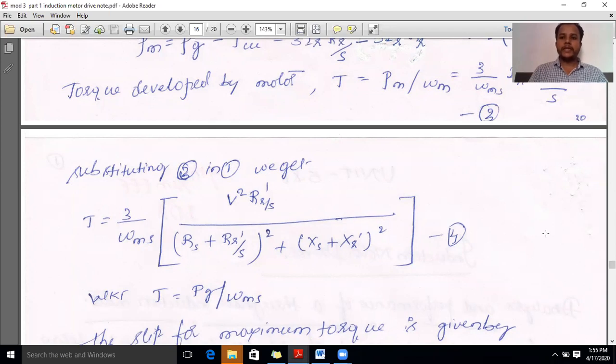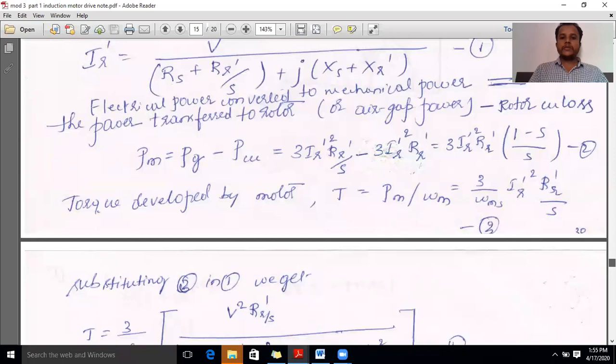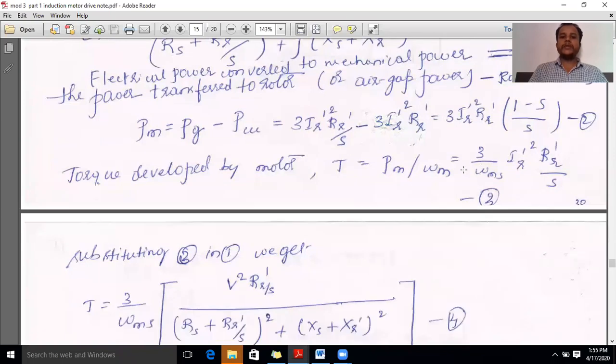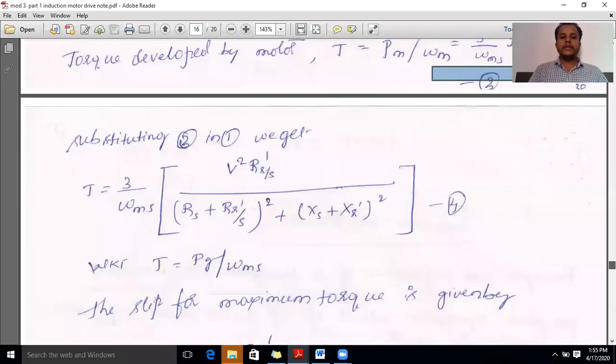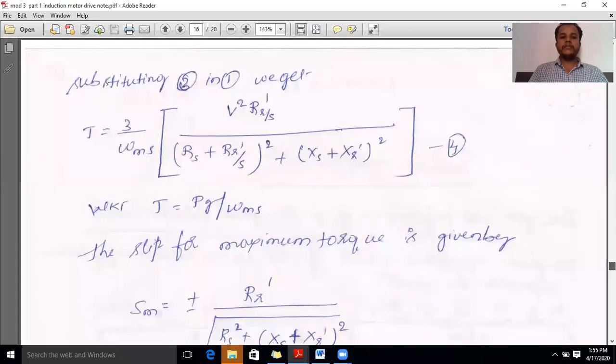In this, you can see this is the basic torque developed by the motor. This one we have already derived. And then what will be the slip for the maximum torque? So this is again the slip for the maximum torque.